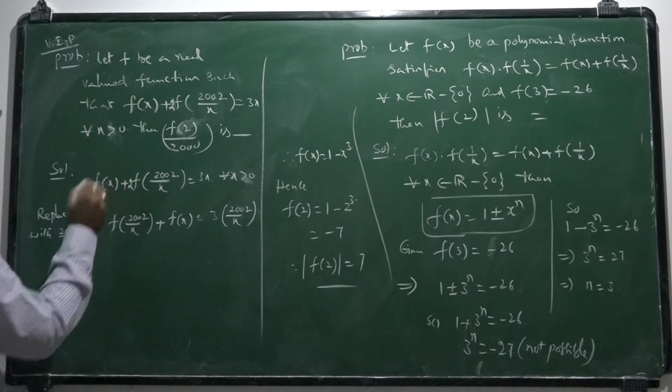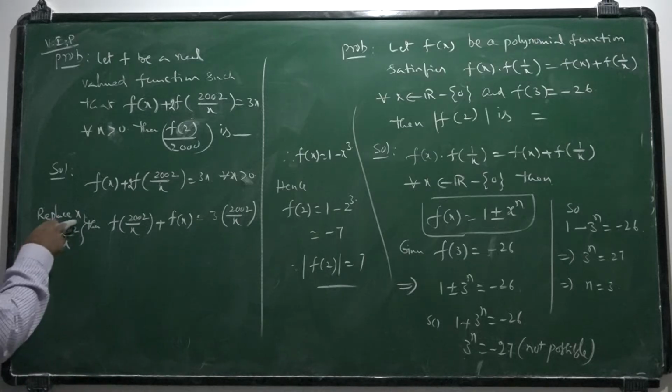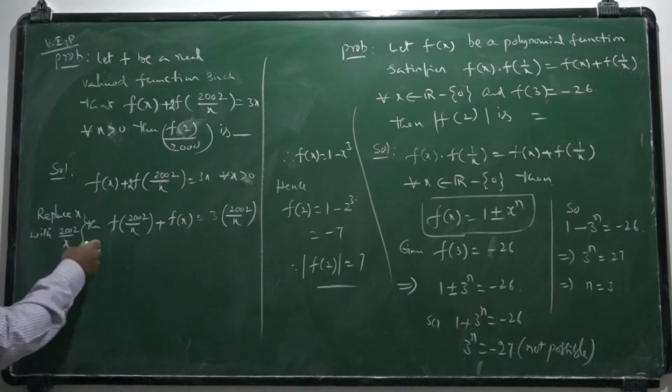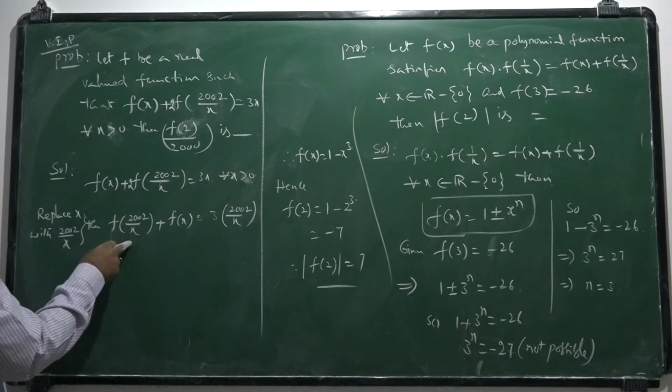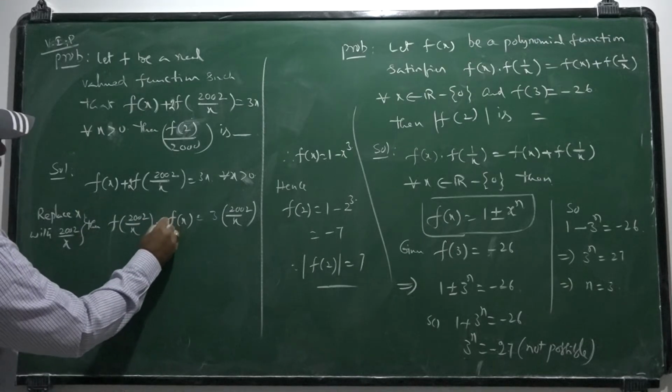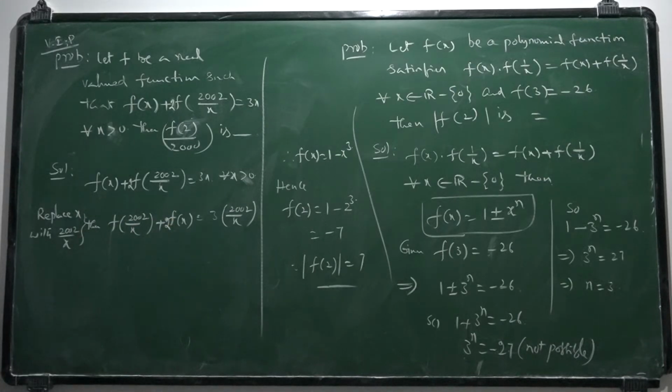So this is 2. Replacing x with 2002/x, then f(2002/x) plus 2f(x) is 3 into 2002/x itself.